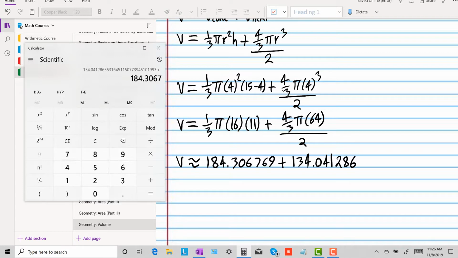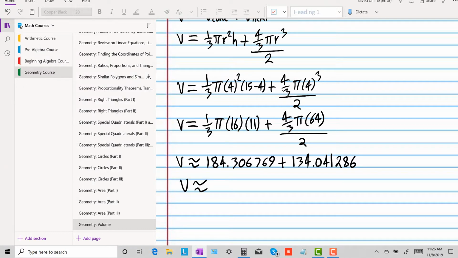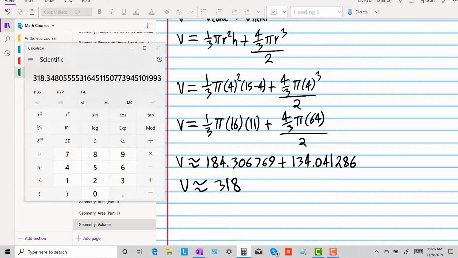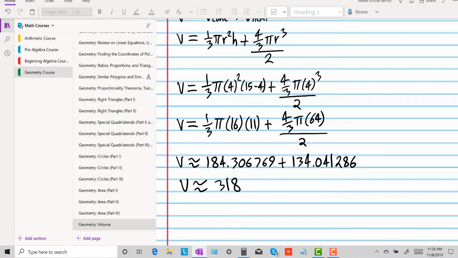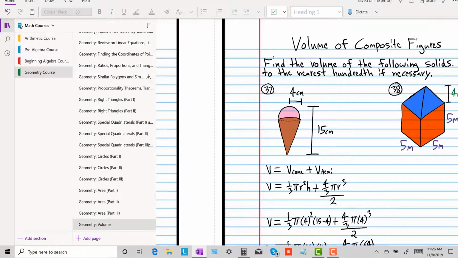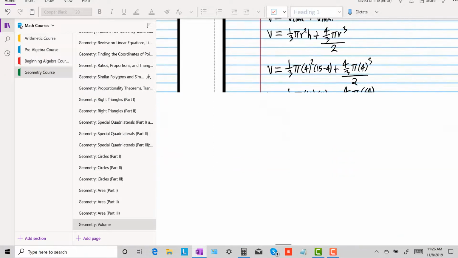184.306769 equals, and we get approximately equal to 318. I'm sorry my calculator keeps going down, but whenever I write it just automatically minimizes it. 0.3, I can't remember what we're supposed to round off to, nearest hundredth place.